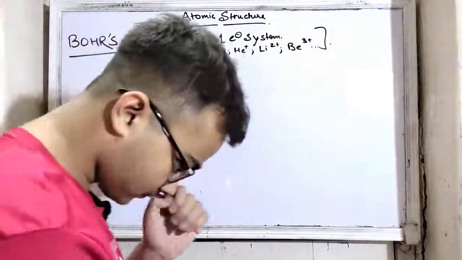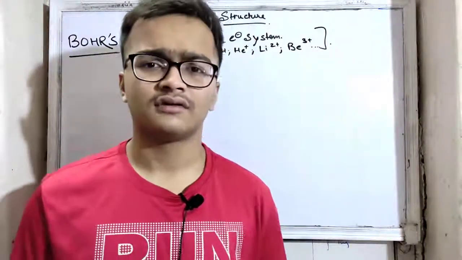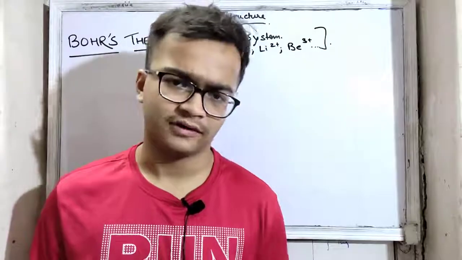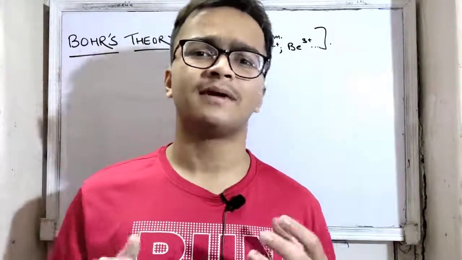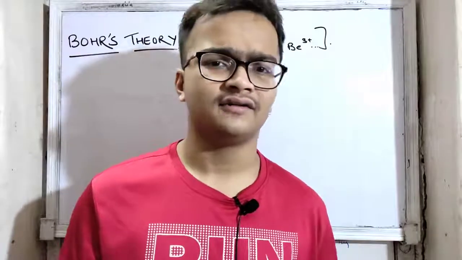Now Bohr gave the formula for the orbital angular momentum. What is an orbital? An orbital is the region or space where the probability of finding an electron is maximum.